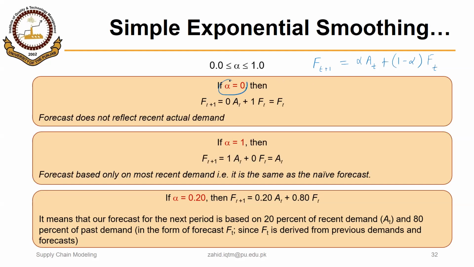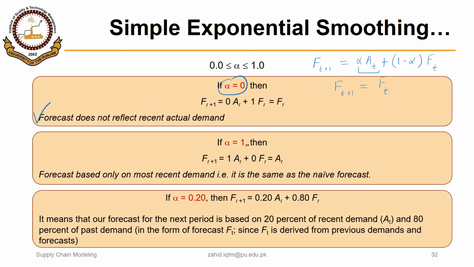So for alpha 0, this term will become 0. So we will have forecast for the next period equal to forecast for the previous period. So we are giving no weight to the actual demand of the recent period. So that is the point.